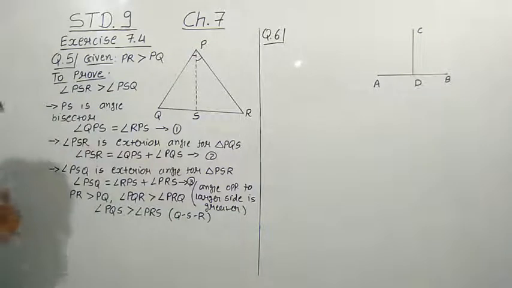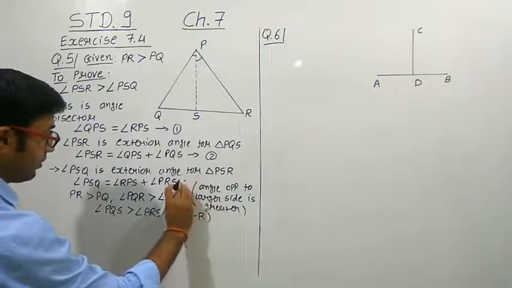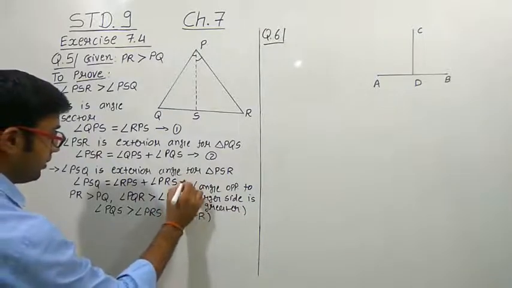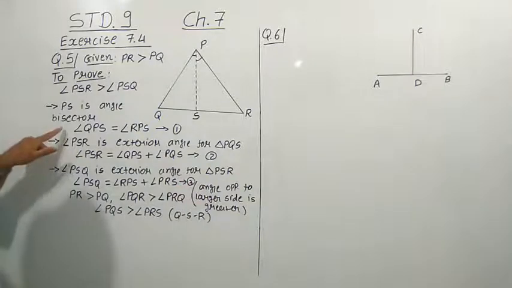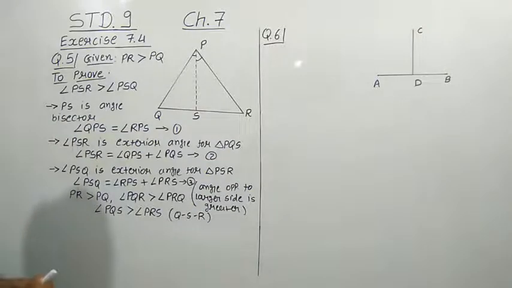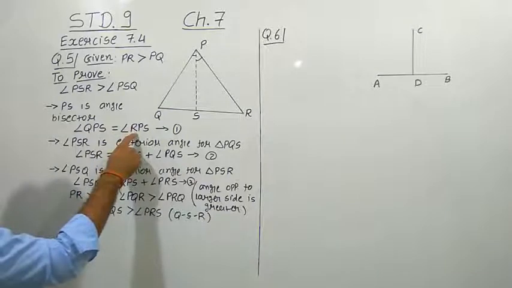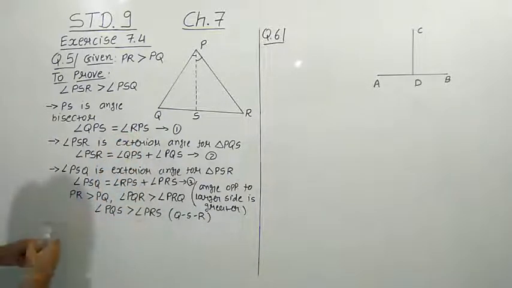Now see, from equation number 1, what can we write down? Here we have to add these two equations. Angle QPS is equal to angle RPS. If we add this with this equation, what will happen?